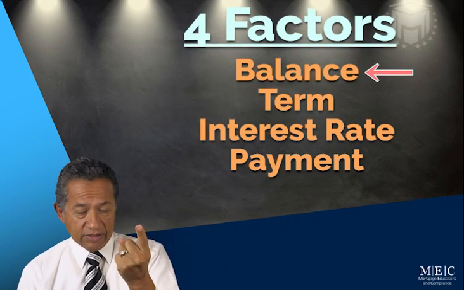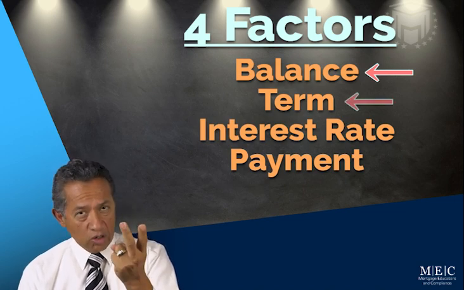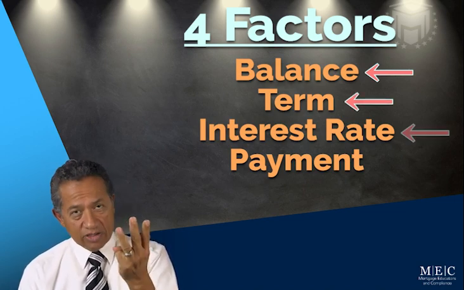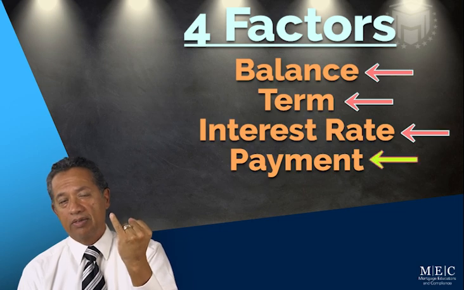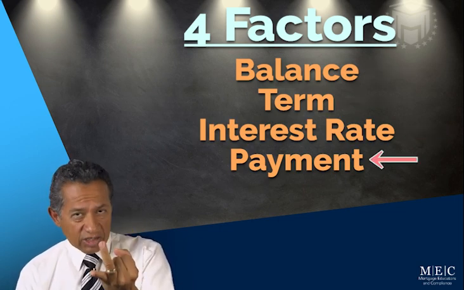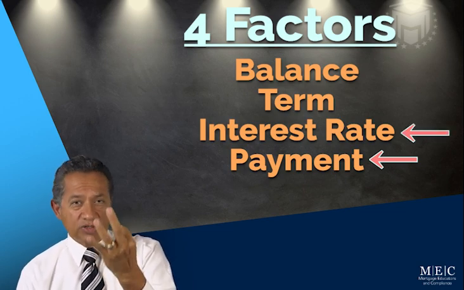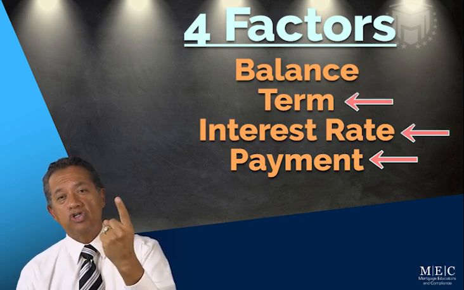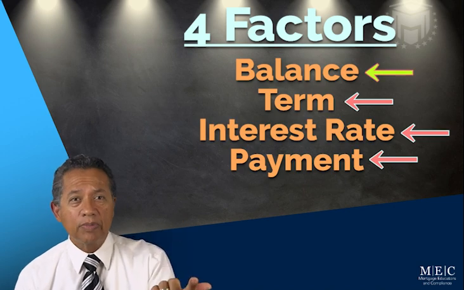So let's do a really quick repeat. If you have the balance, the term, and the interest rate, you can determine payment. You can go backward. If you have the payment, the interest rate, and the term, you can plug those in to determine present value or loan amount.